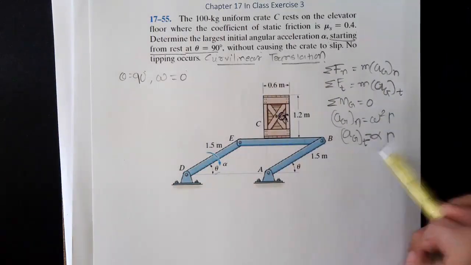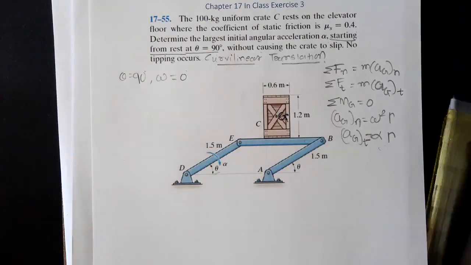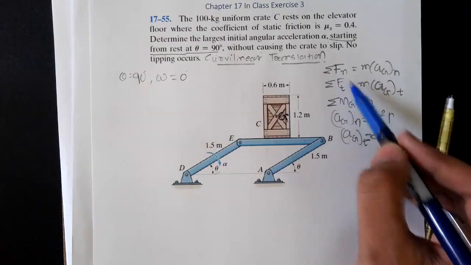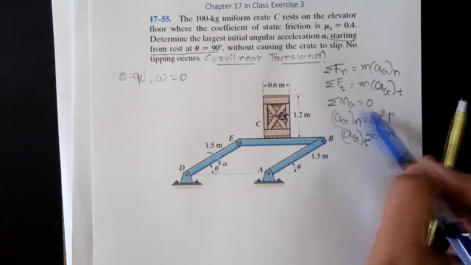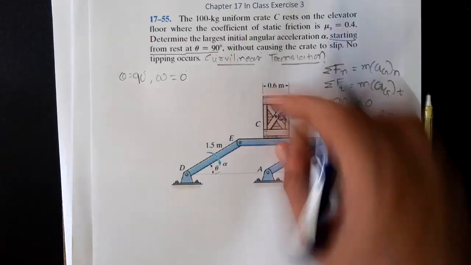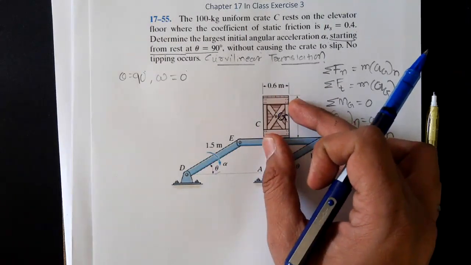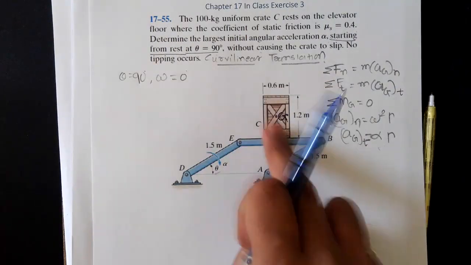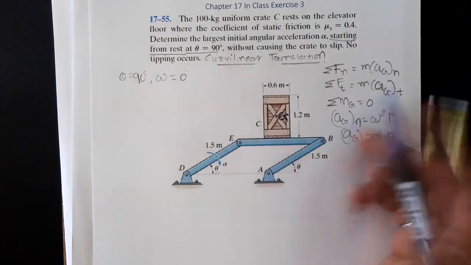Now we use the normal-tangent coordinate system. That's why we have the sum of forces in the normal direction and tangential direction, and the sum of moments about the center of mass of the box is 0, because this box does not rotate while it translates. This G always remains vertical. So that's why the sum of moments about the center of mass is 0.